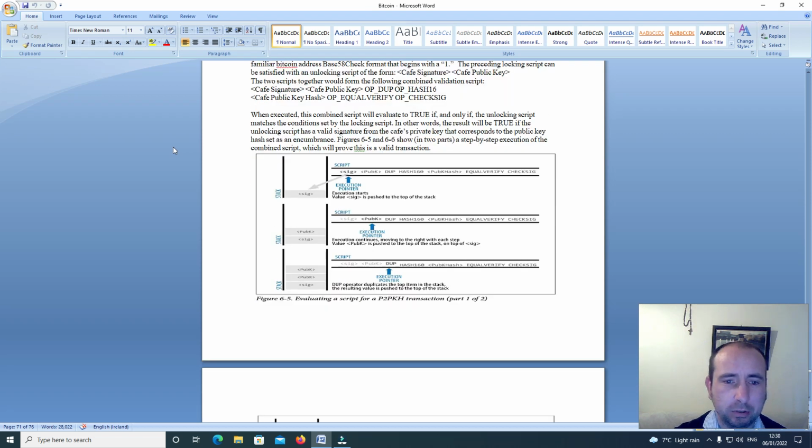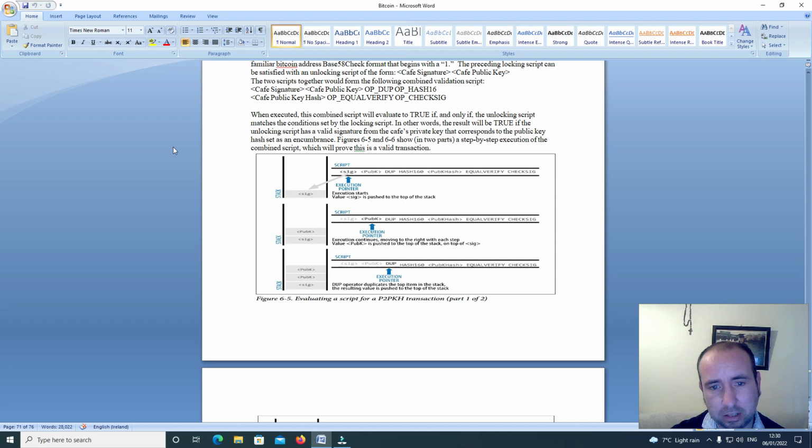When executed, this combined script will evaluate to true if and only if the unlocking script matches the conditions set by the locking script. In other words, the result will be true if the unlocking script has a valid signature from the cafe's private key that corresponds to the public key hash set as an encumbrance.